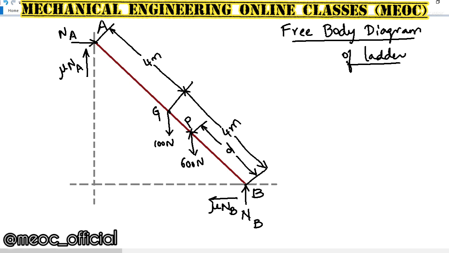Now all the forces are shown. So this is the FBD of the ladder. Let us consider the equations of equilibrium. The first equation that I am going to consider is sigma Fx equal to 0. Let this be my x-axis and let this vertical be the y-axis.